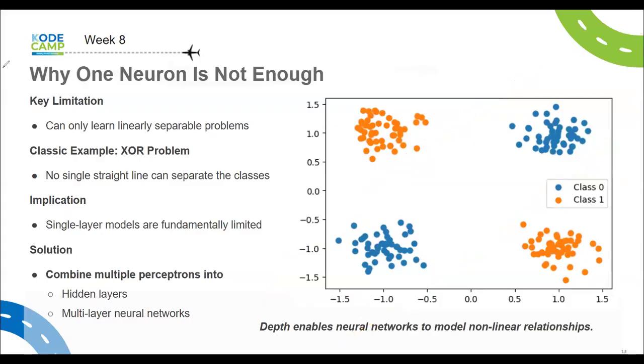in the classical exclusive OR problem, there's no single straight line that can separate these classes. So a single layer, a single neuron cannot solve this. And that is one of the things that was identified by researchers immediately. The perceptron model was invented and people tried to use it to solve so many different kinds of problems.